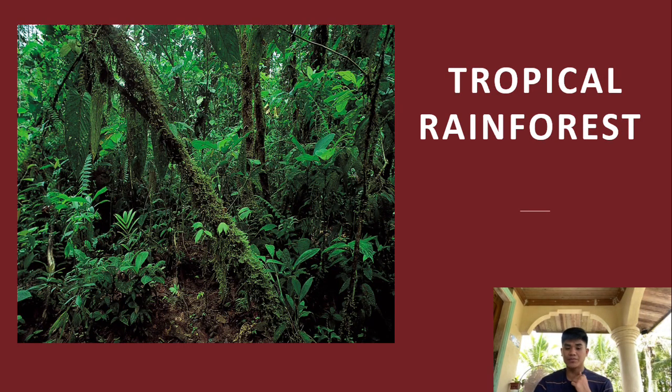Now class, what have you observed in this picture? What creature or species is this? What have you seen in this picture, class? That's right, a frog and the leaves of the plant. Who benefited from this interaction?